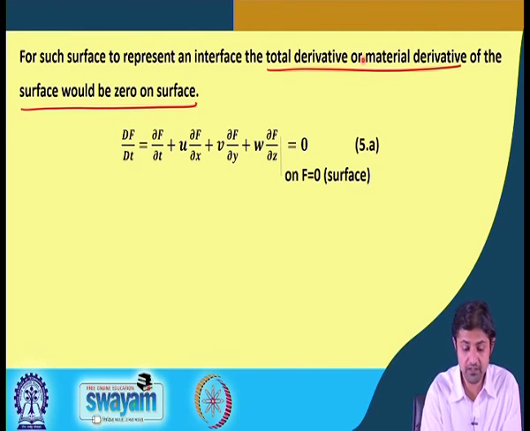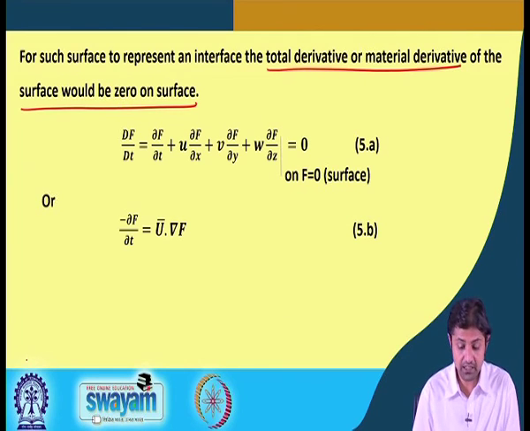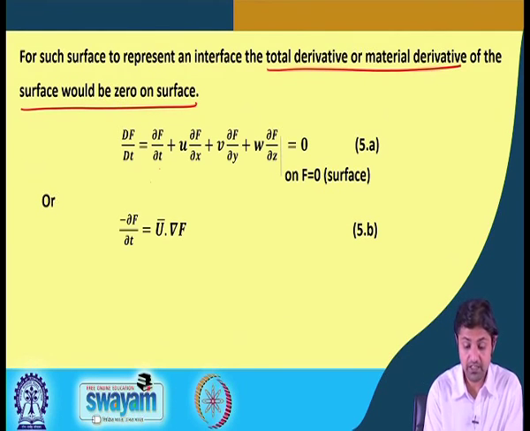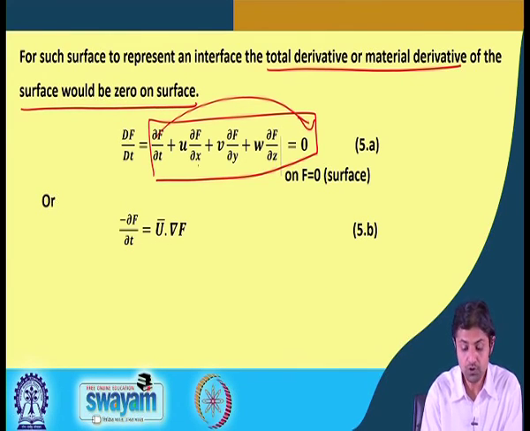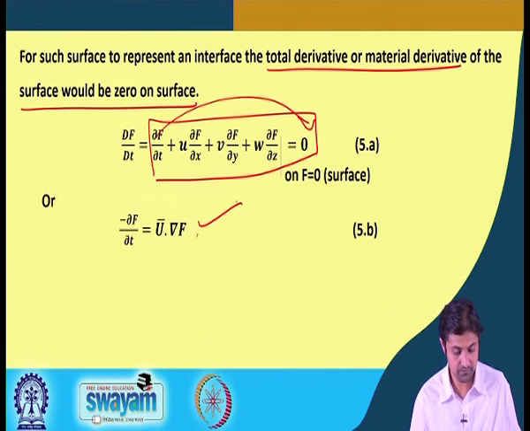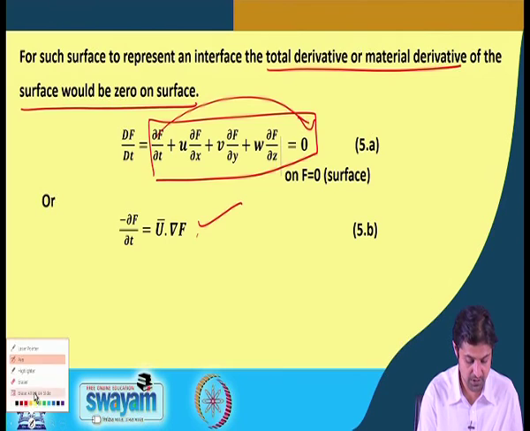The total derivative at the surface, on f = 0, which means the surface, should be 0. So, if we bring it to this side, we can write −∂f/∂t = u·∇f, a representation in vector form. So, this is an important equation.